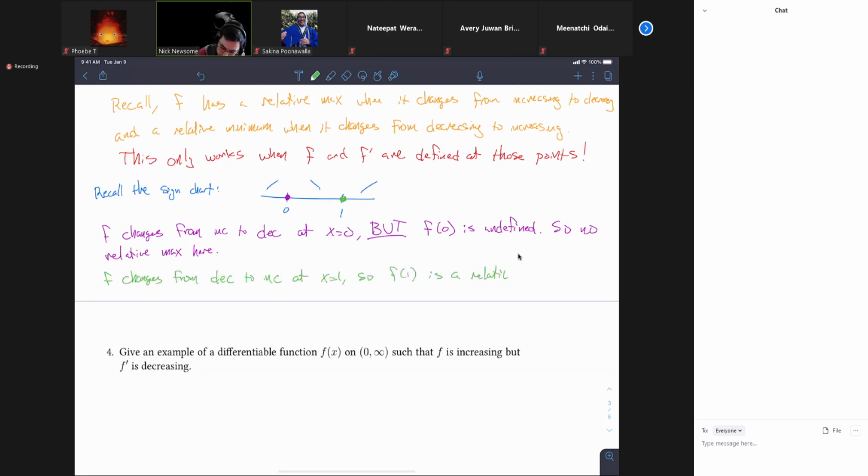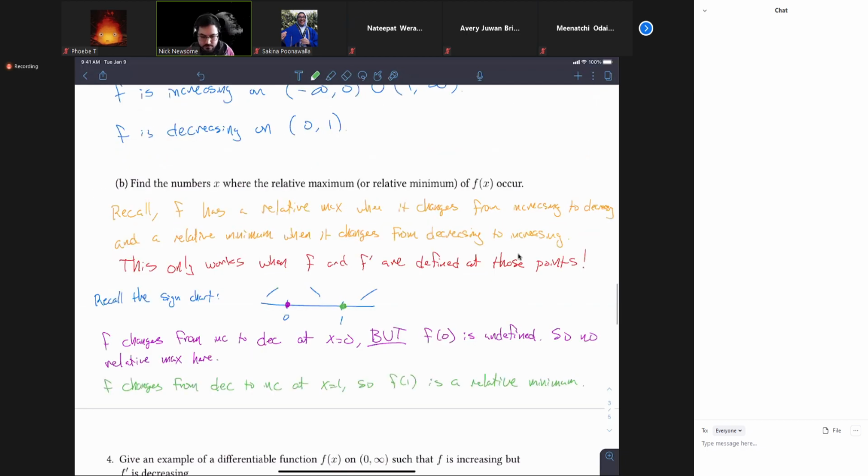So f of 1 is a relative minimum. Okay. Questions about part B?